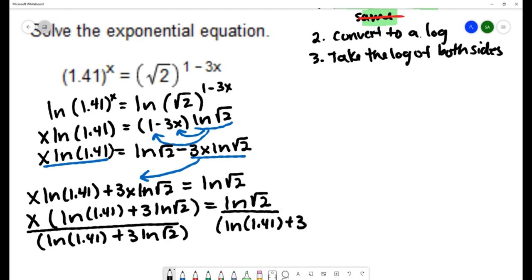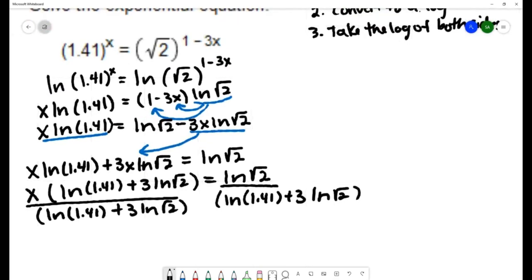And this is going to lead me to my solution. That's x equals natural log square root of 2 divided by natural log of 1.41 plus 3 natural log square root of 2.